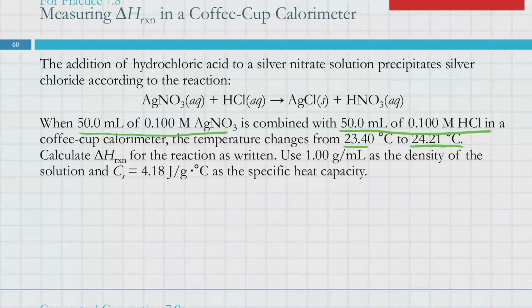So we're starting to get a lot of variables. Let's go ahead and write some of these out on the side. For our temperature, our initial temperature is the lower value, 23.40 degrees Celsius, for our solution. And it's raised to a final temperature of 24.21 degrees Celsius. We want to calculate the delta H of the reaction.